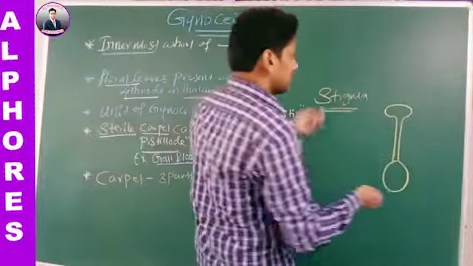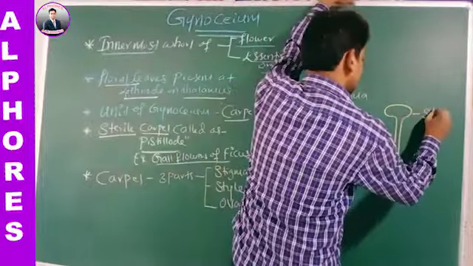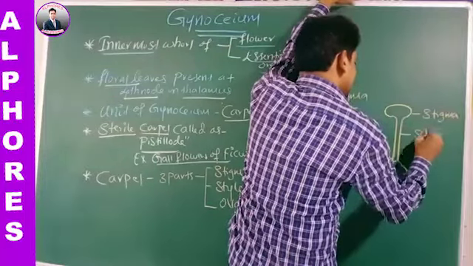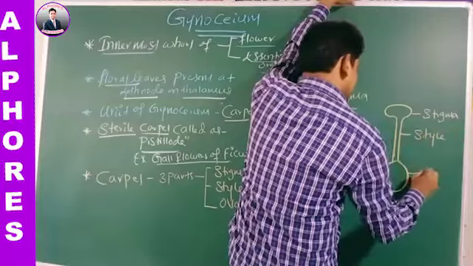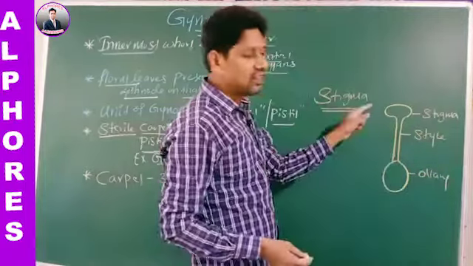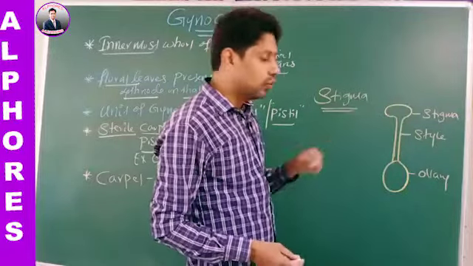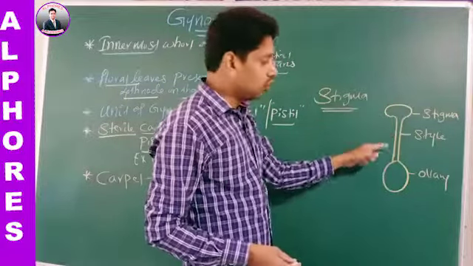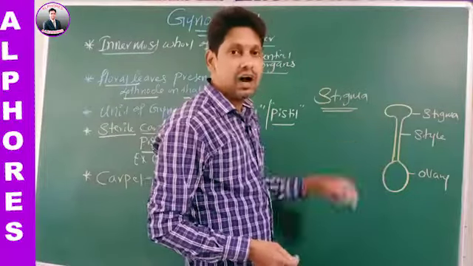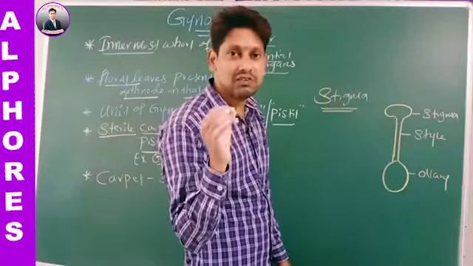Sir, this is a stigma, whereas this is a style, and this is an ovary. In these 3, who is terminal? Stigma. Who is in the middle? Style. Who is at the basal? Ovary. Therefore, stigma is the terminal part of carpel.